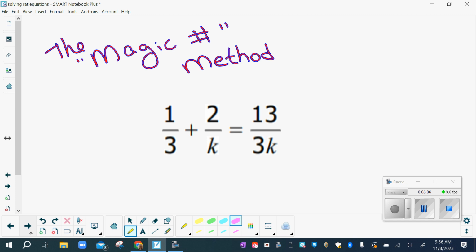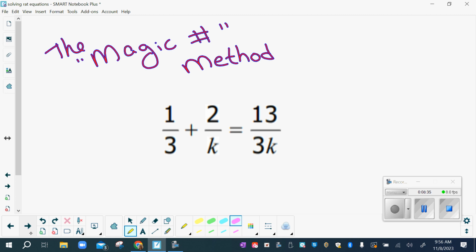I hate fractions, so my goal is to pick a magical number to multiply each term by that will cancel everything out. But what you do to one, you have to do to everybody. So we need one magical number that will work for every single term in this problem.